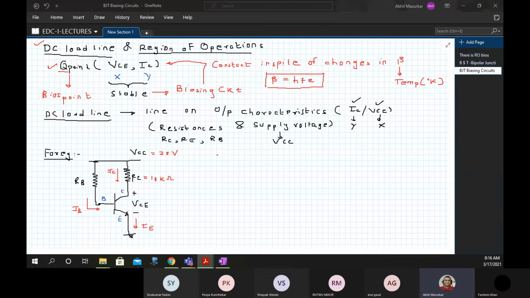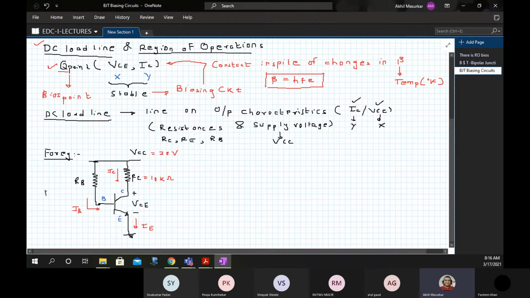Now, this side is the input side, and this side is the output side.